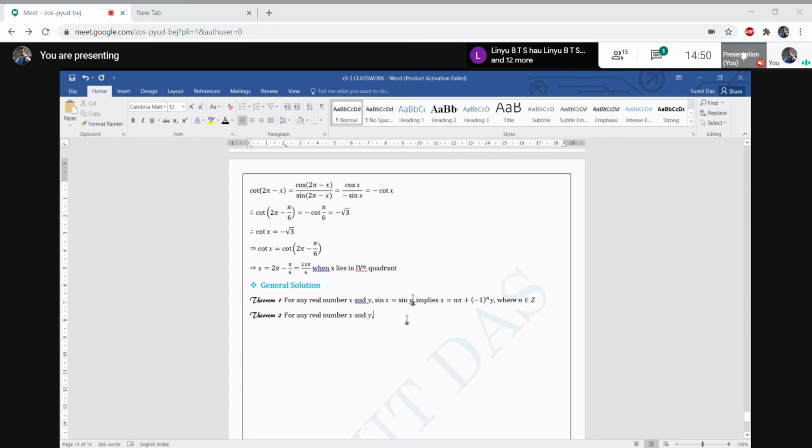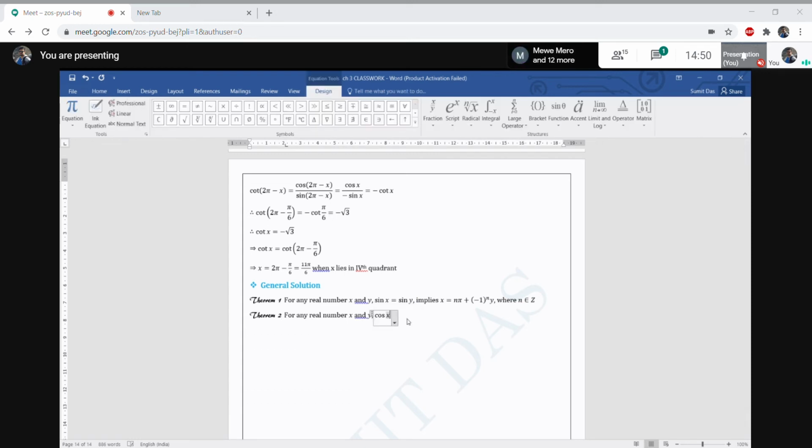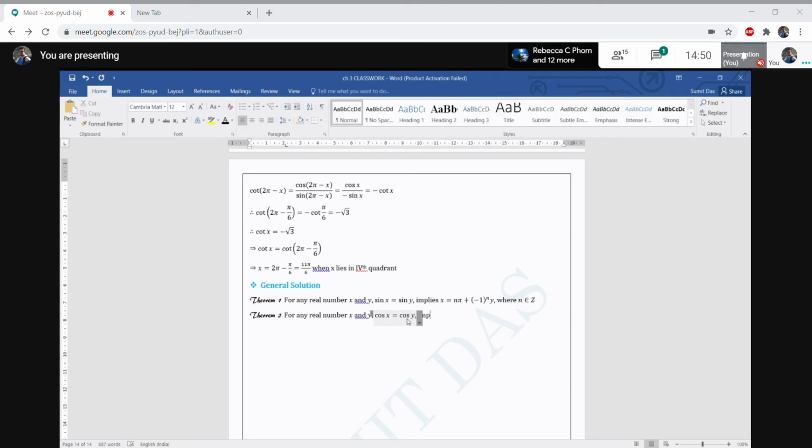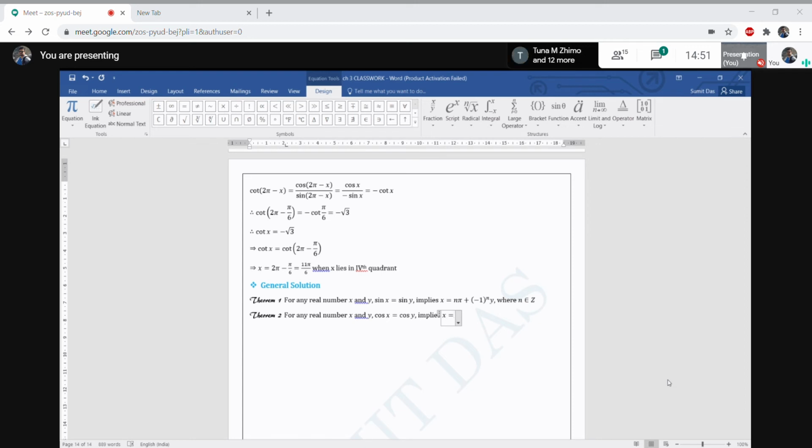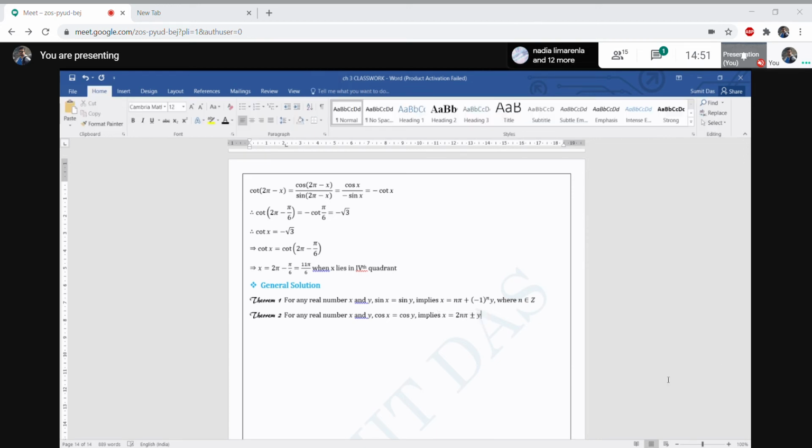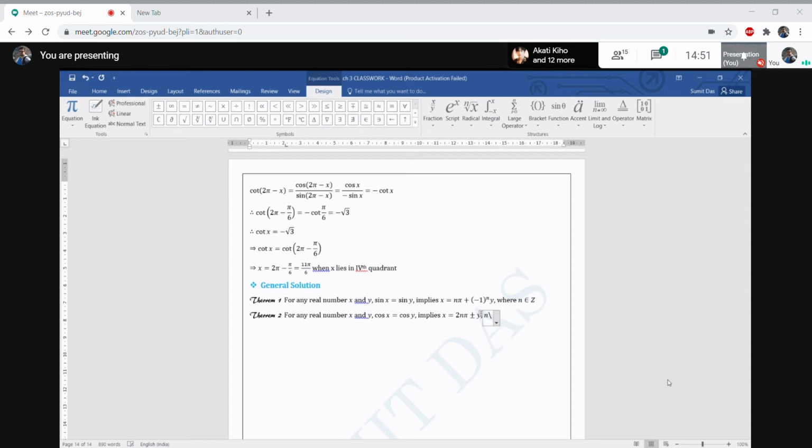For any real number x and y, cos x equal to cos y implies x equal to 2n pi plus minus y, where n belongs to integers. Okay.